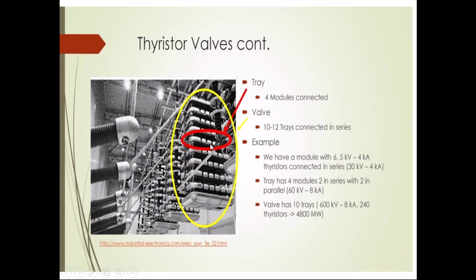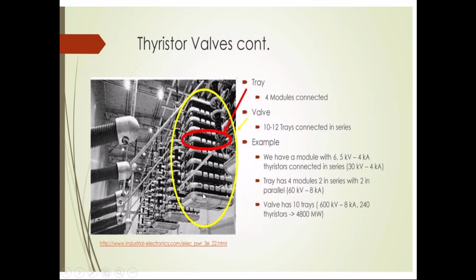If you count the number of thyristors in this one valve for this example, in one module we use 6 thyristors and we have a total of 4 modules. So 6 multiplied by 4, we have 24 thyristors in one tray only. Clear? 24 thyristors in only one tray, and we have a total of 10 trays, so we have a total of 240 thyristors in one valve.